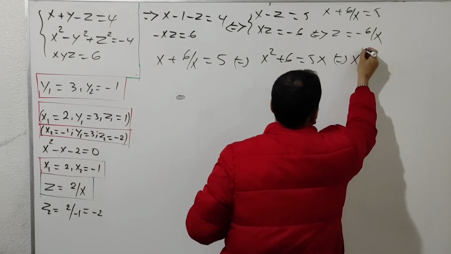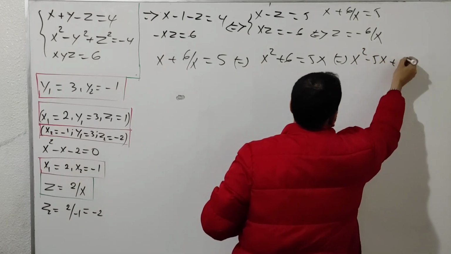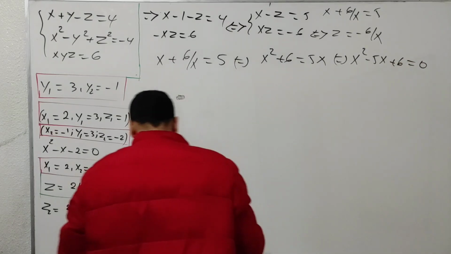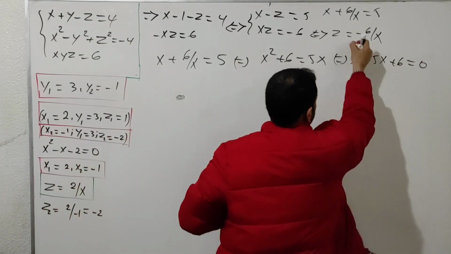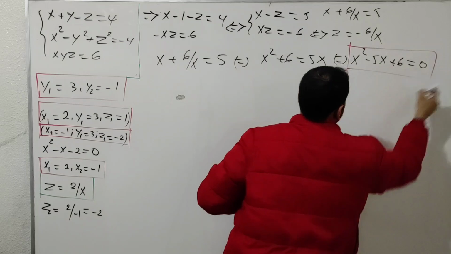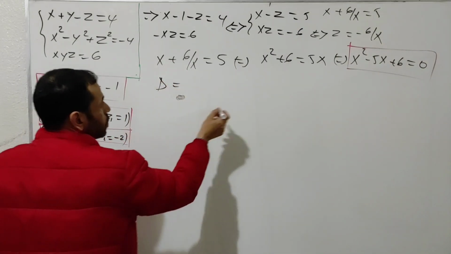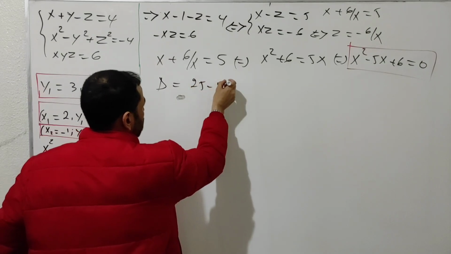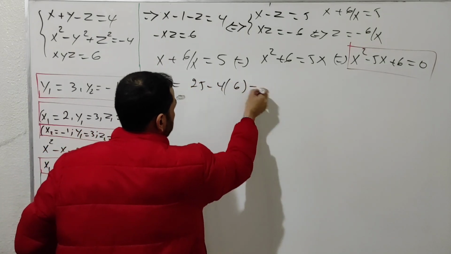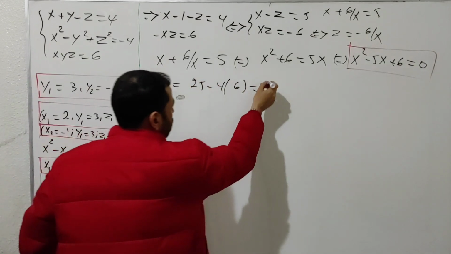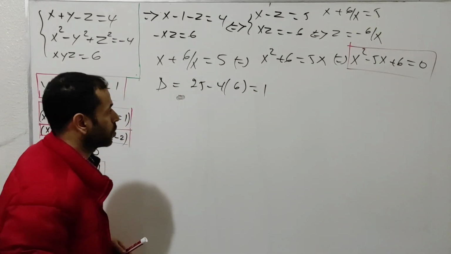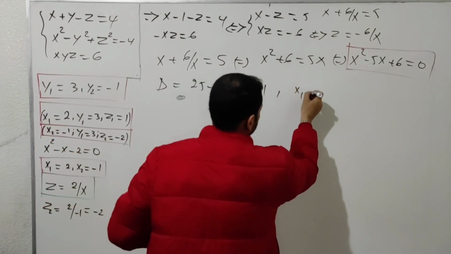I will have x squared minus 5x plus 6 equals 0. Here is the form of a quadratic equation. I'm going to solve for x. So I'll have delta equals 25 minus 4 times 6. This one is given as 1, because 25 minus 24. So I will have another two solutions.